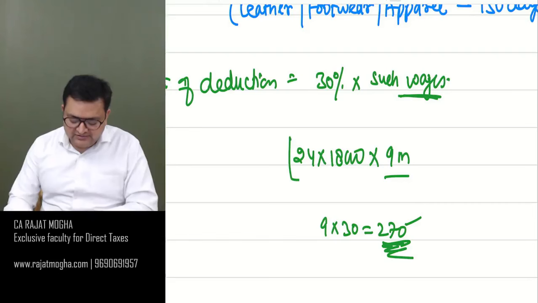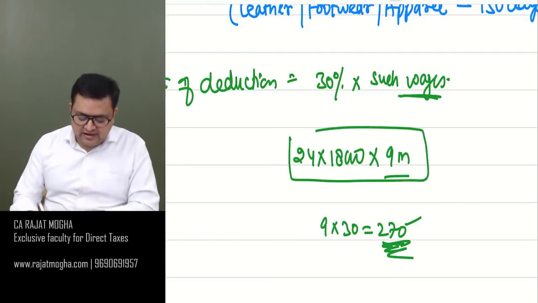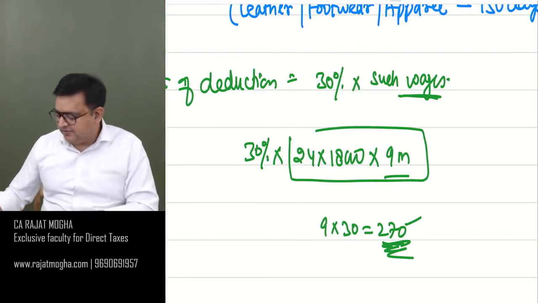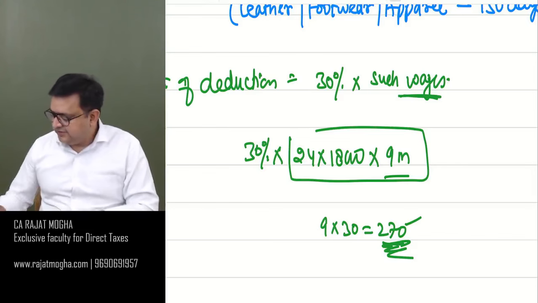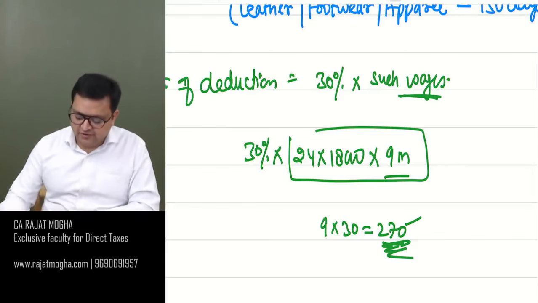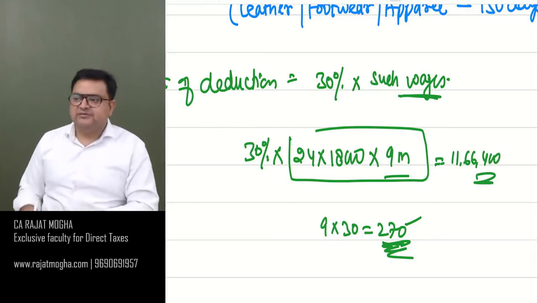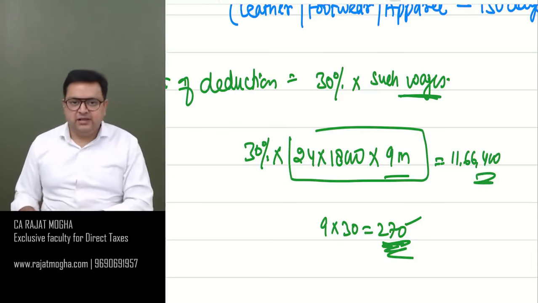This is the wages we are giving to them, and the deduction under 80JJAA would be 30% of this amount. So 24 into 18,000 into 9 into 30% is 11,66,400. This is the deduction we will get in 80JJAA.